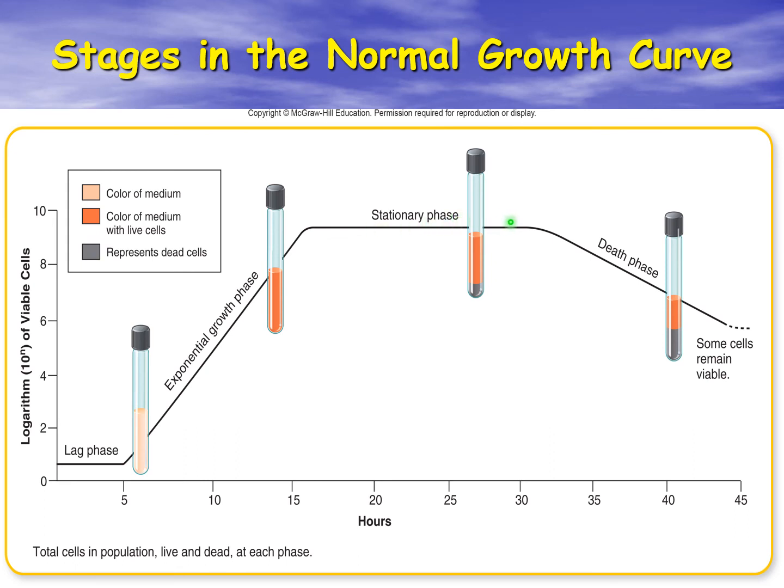At some point, if nothing changes, we then enter that death phase, and again, these cells will die off at an exponential rate. Now, a few cells may remain viable, but if this continues completely, all of the cells eventually will die.